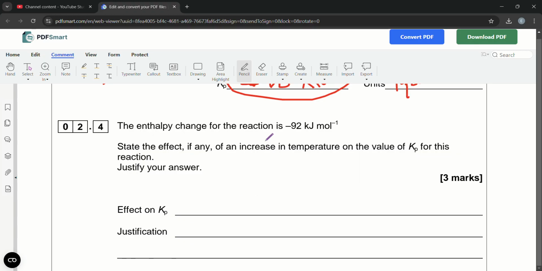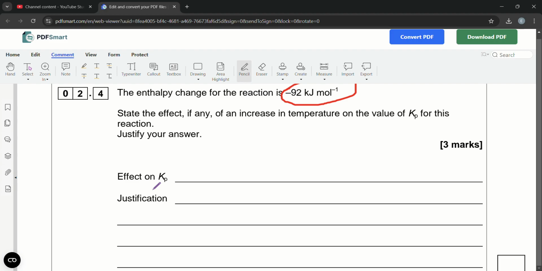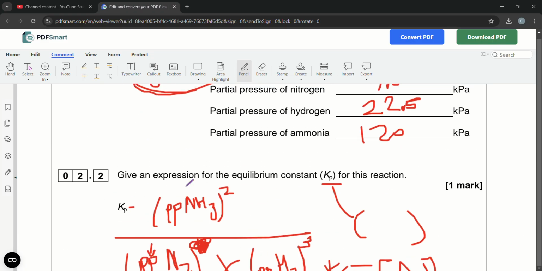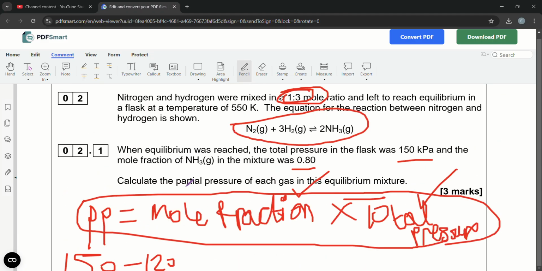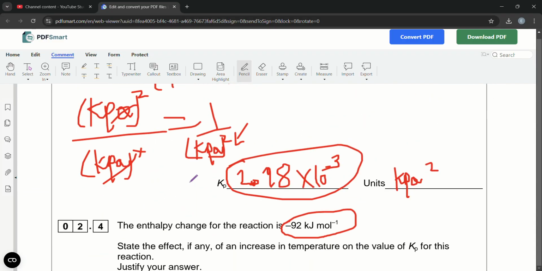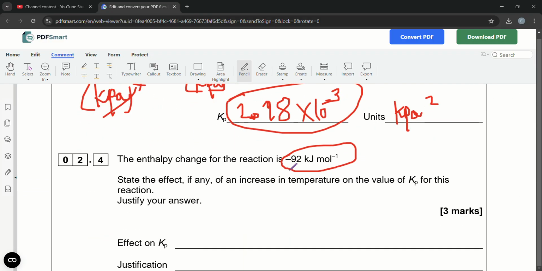2.4, the enthalpy change of reaction is minus 92 kilojoules per mole to the power of minus 1. State the effect, if any, of an increase in temperature on the value of Kp for this reaction. Justify your answer. Well, effect on Kp. Well, if the enthalpy change for the reaction is negative, it's going to be exothermic.